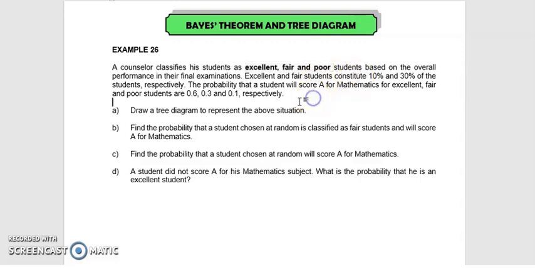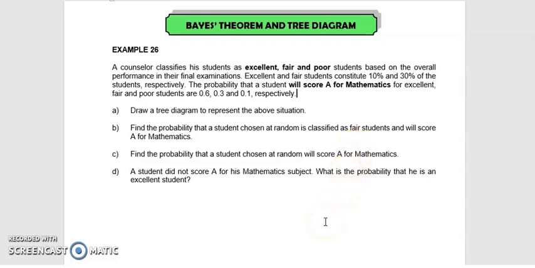Then the last sentence says the probability that a student will score A for mathematics. So the second event will be either the student will score A for mathematics, and the complement will be will not score A for mathematics. Okay, so that is the first thing that you need to know from the situation given.